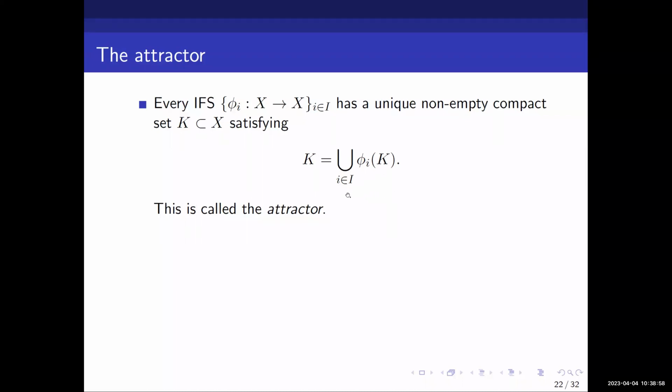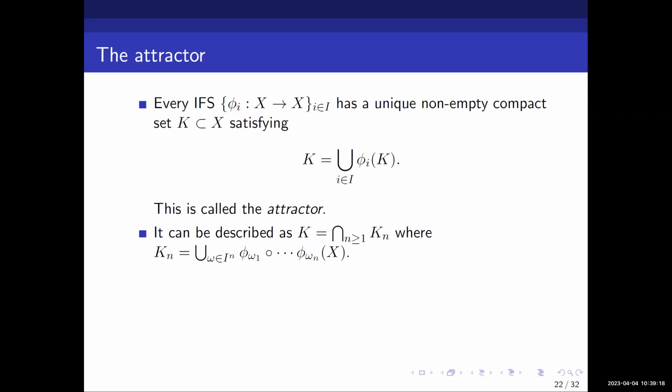And you can use that notion to set up an operator on the set of compact sets with the Hausdorff metric, and then the unique fixed point of that operator is going to be this so-called attractor.